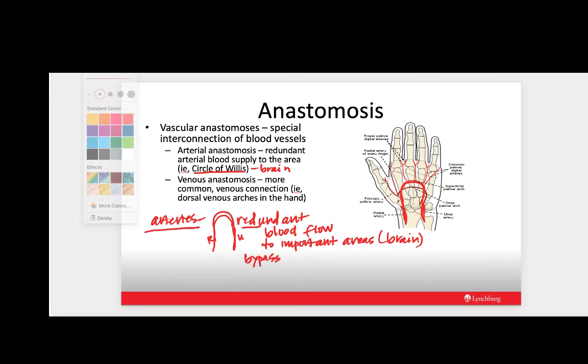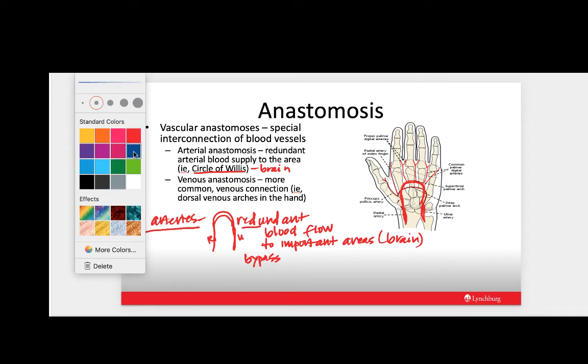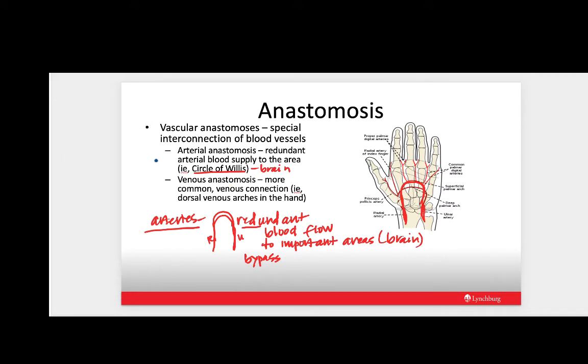Now, on the vein side of things, there are lots and lots of anastomoses. They tend to be even more common. So on the venous side of things, we are going to see multiple routes for venous drainage. Okay, so this is blood being drained from a particular area.